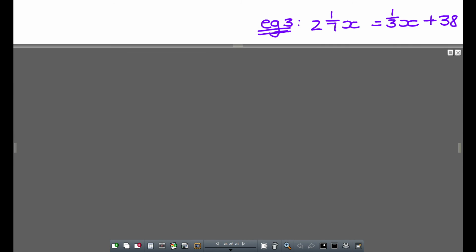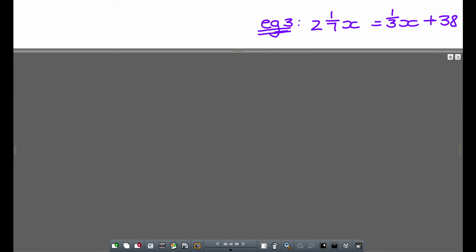Okay, right. Next one. Have a look. 2 and 1 over 7x is equal to a third x plus 38. Now, last year, I made my kids write down a few steps. So, maybe on the side of your book, on the right-hand side of your page, write down the following steps. Step 1.